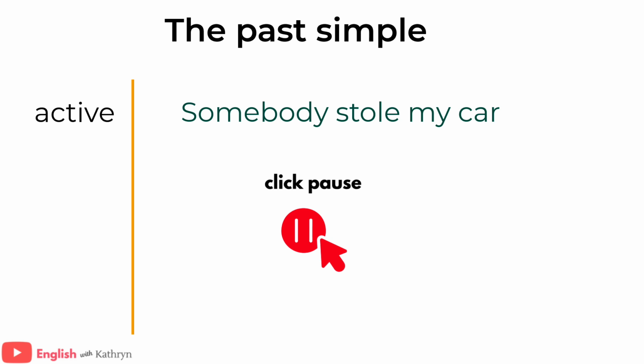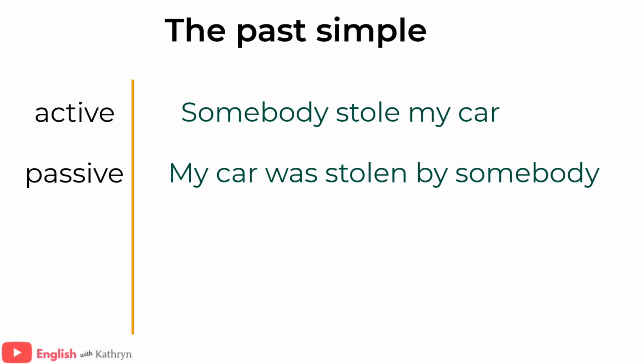Okay, how did you go? As you know, we need to put the verb to be into the past simple. So let's do that. Was, right? My car was stolen by somebody.